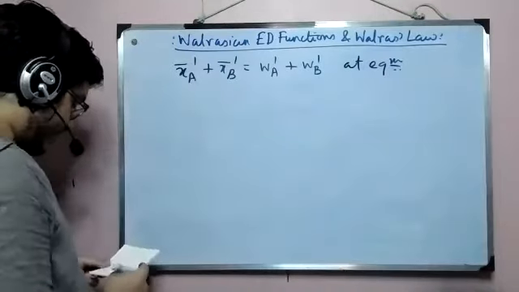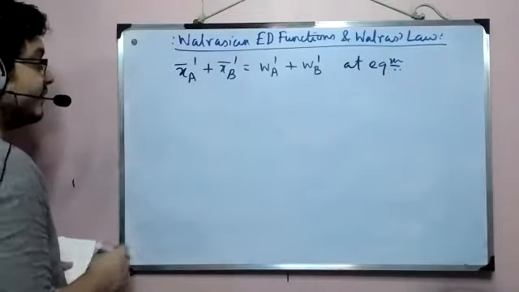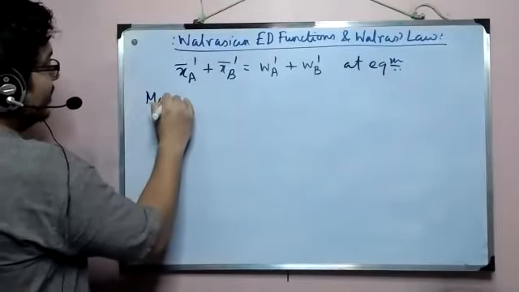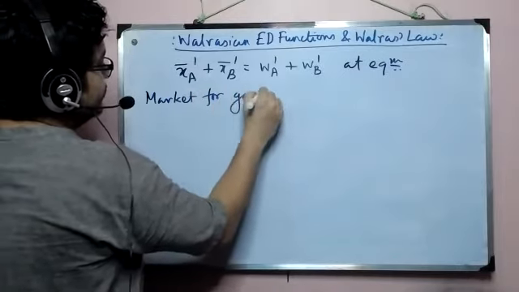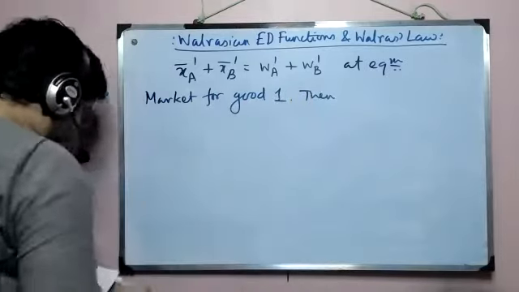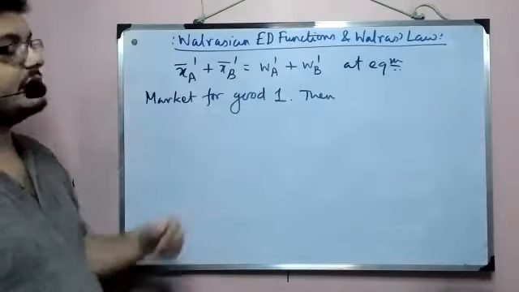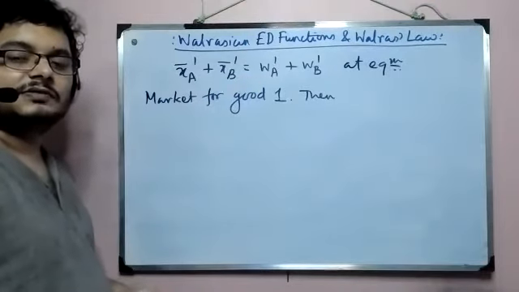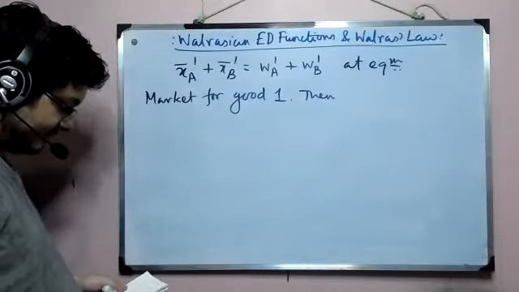Okay, now if we take a typical market, for example, market for good one, then what happens is that this equation allows us to define an excess demand function.